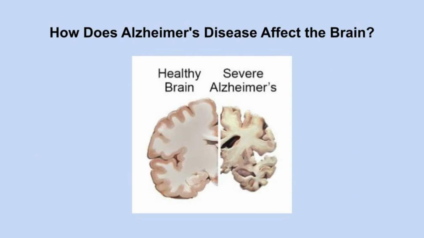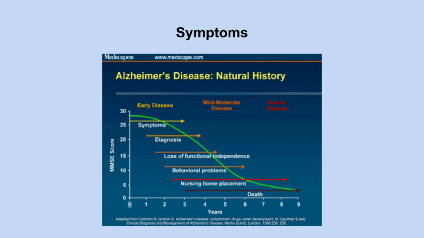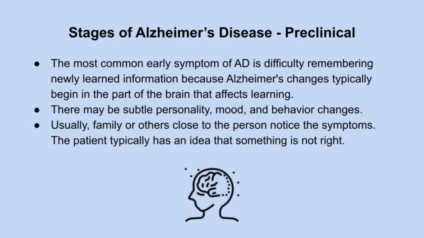So this is a picture of a healthy brain and then the brain of somebody with severe Alzheimer's. So if we look at the natural history of Alzheimer's in this 4 to 8 year time span, you can see how it progresses. So as we just discussed, these brain changes occur far before it's diagnosed.